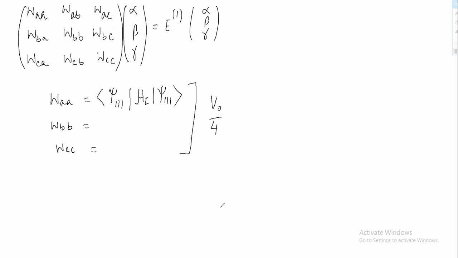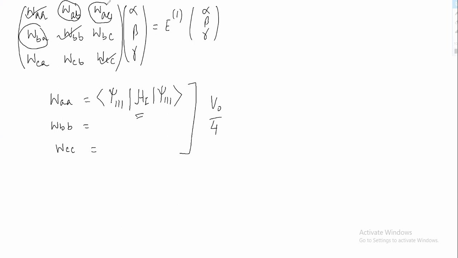The same integral that we have worked out. We have to repeat the same here. H' is the perturbation which will work in the region 0 to L by 2 in X and 0 to L by 2 in Y. Now that means these three are quite easy. The other thing that we know is that WAB is the conjugate of WBA.